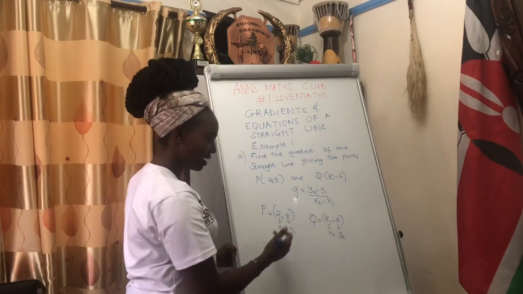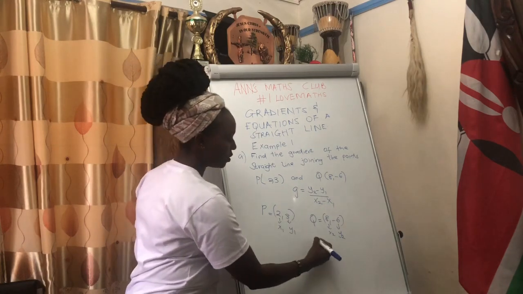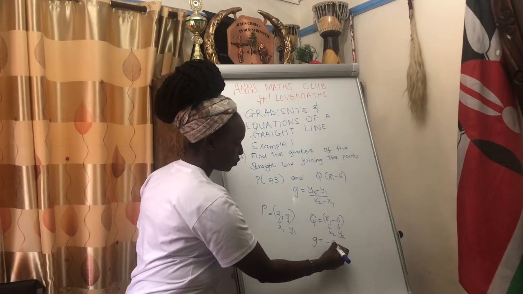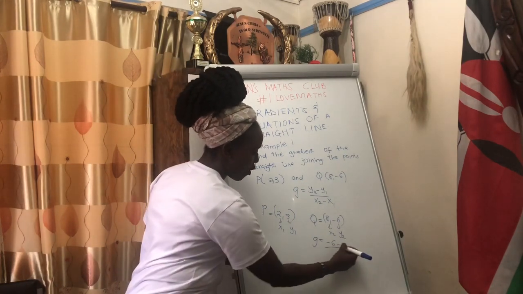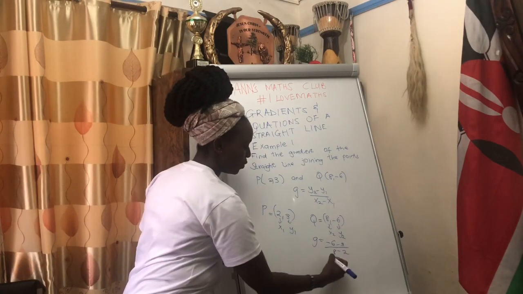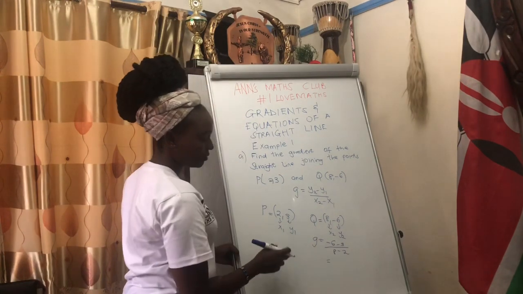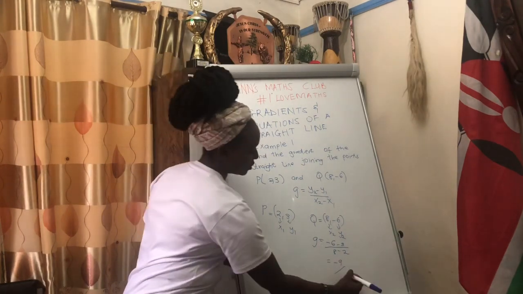Once you have that, it's easier to place them back into your formula. So gradient is equal to y2, -6, minus y1, 3, over x2, 8, minus 2. This becomes -6 minus 3, which is -9, over 8 minus 2, which is 6.